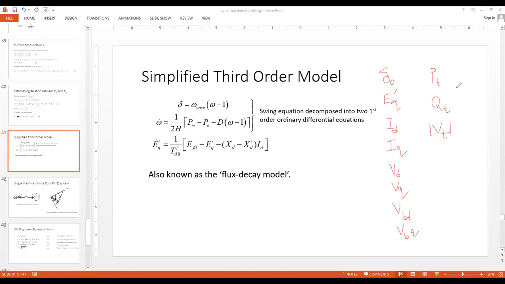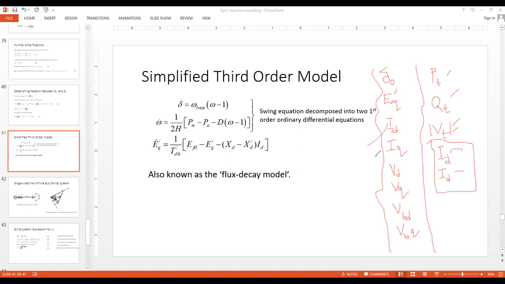So one set of values, Vt, Pt, and Qt, were given to us at the initial phase before solving the problem of initial value calculation. Then we took help of the phasor diagram to find out all these. And then we again cross-checked by recalculating Id, Iq with some different formula, okay?